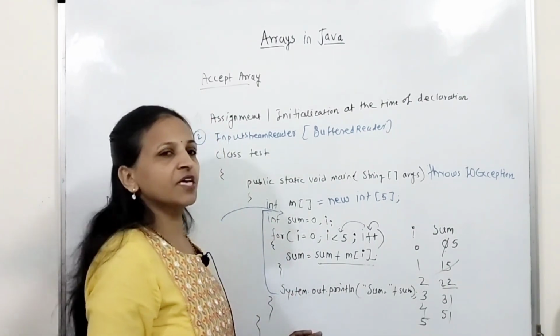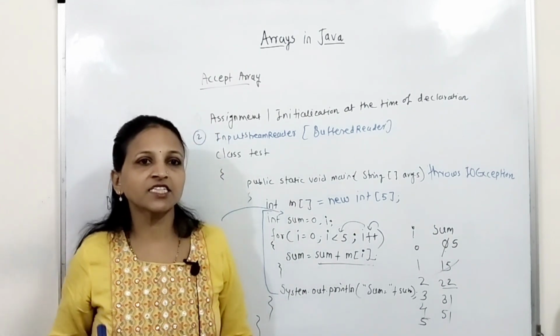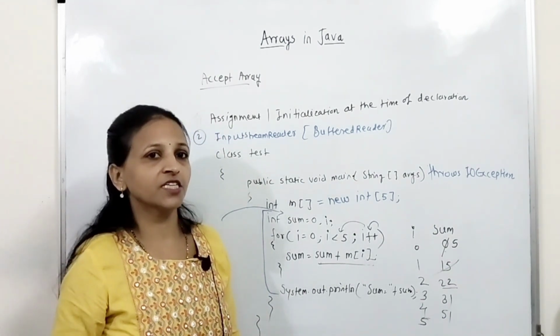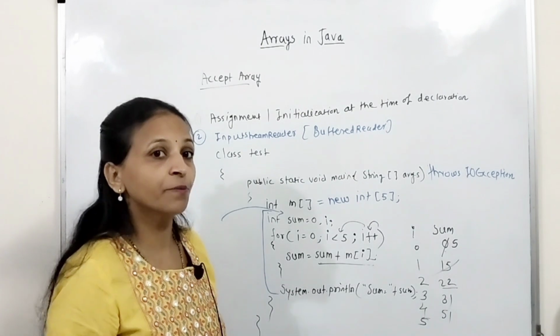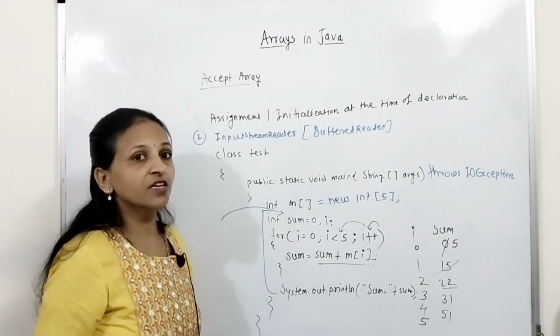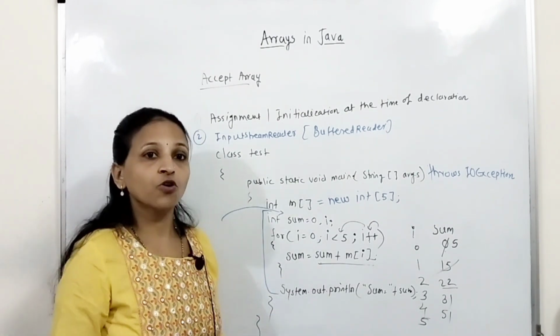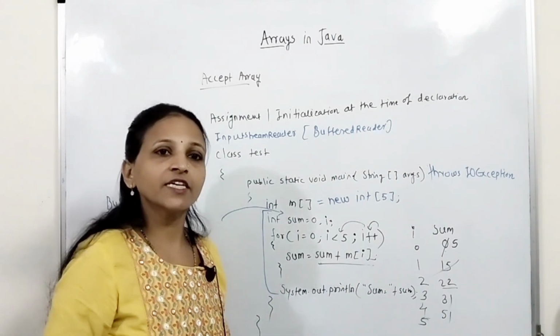Exception means runtime error. IOException is a checked exception, meaning the compiler will always check whether there is a possibility of that IOException and whether that exception is handled or not in the program. The compiler will check that first.